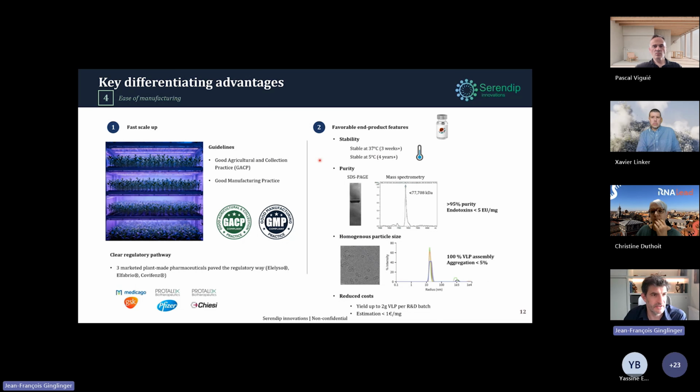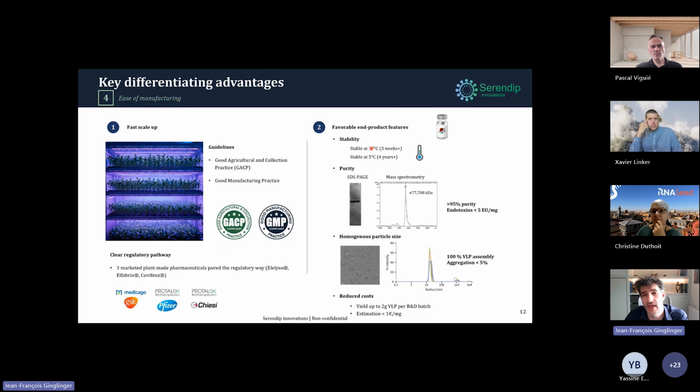And then my fourth key differentiating advantage is the ease of manufacturing. Very obvious, as you can just spread out the cultures to obtain more product. Guidelines are already here. Others have done it before. It's all compliant with GACP and GMP practices. As I mentioned, there are already 3 examples of products following that process on the market.